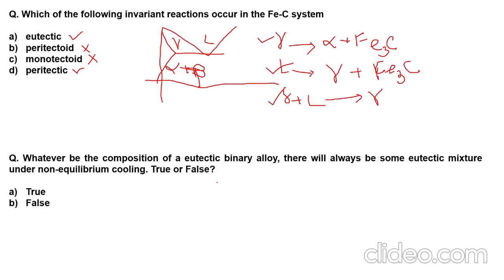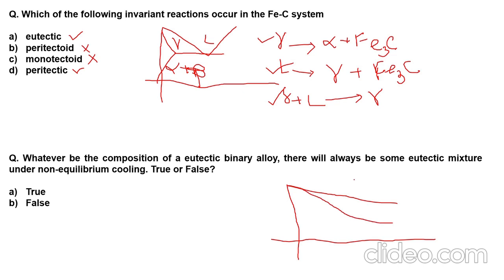So actually, whenever you are talking about, for example, a eutectic binary alloy, where we have something like this, we have a region of mushy zone, which is a combination of two regions.